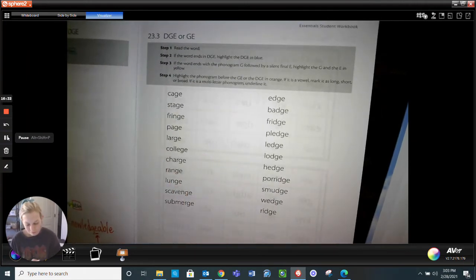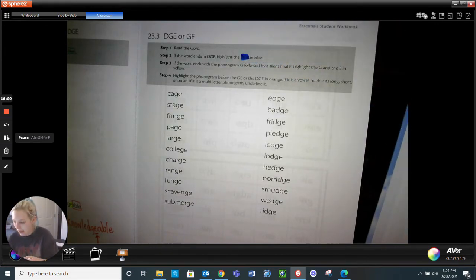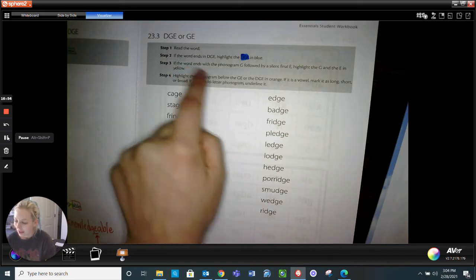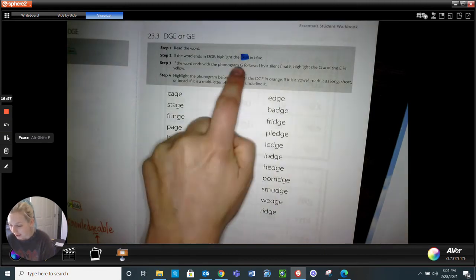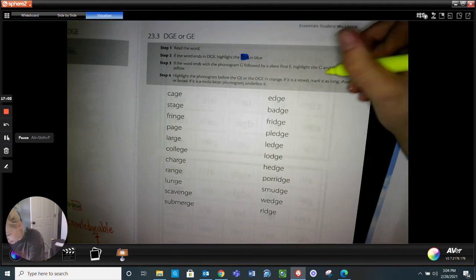And now we're going to read the word. If the word ends in DGE, we're going to highlight DGE in blue. I'm going to use a marker this time. And then if the word ends with the phonogram G followed by a silent final E, highlight the G and the E in yellow.